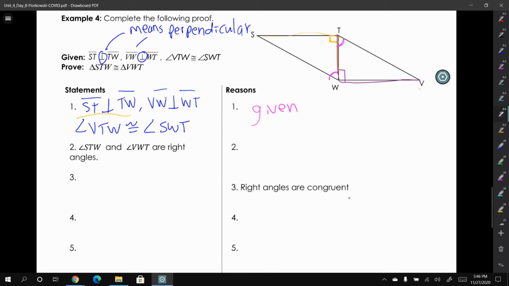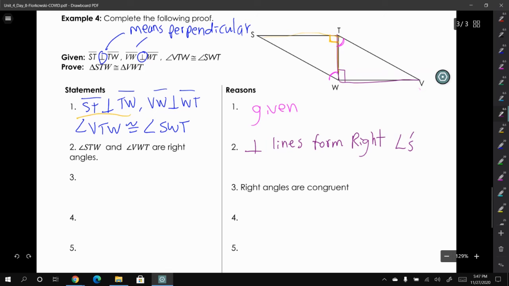So why can we say that those two angles are right angles here, STW and VWT? Well, that's because we have perpendicular lines. So our reasoning would be perpendicular lines form right angles.